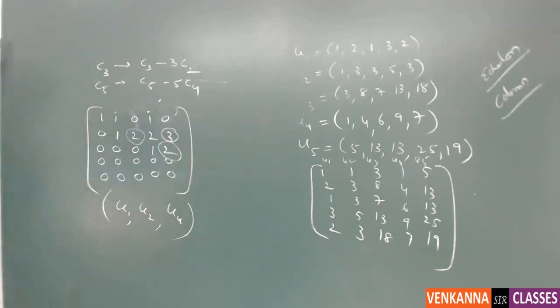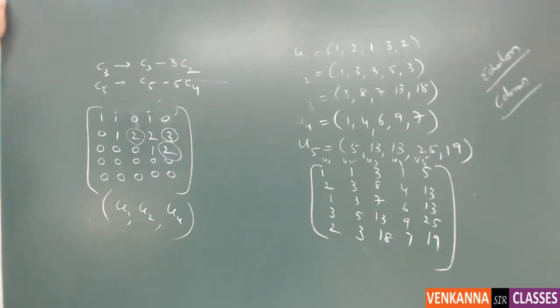Accepted? Then again, using these columns, you are going to make them 0 here. Agreed? So that's what I am saying actually. The selection is arbitrary.